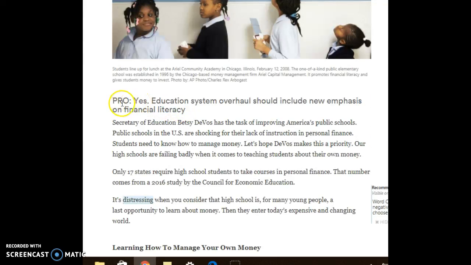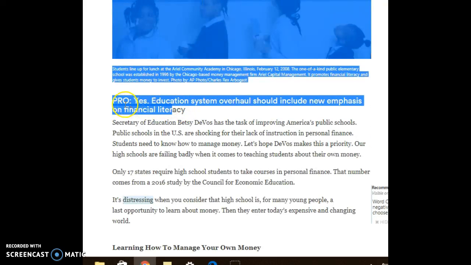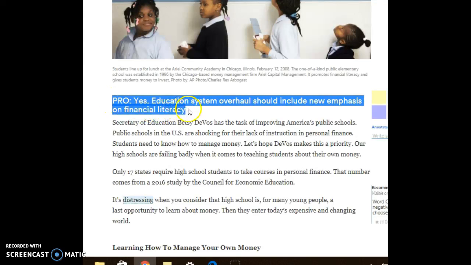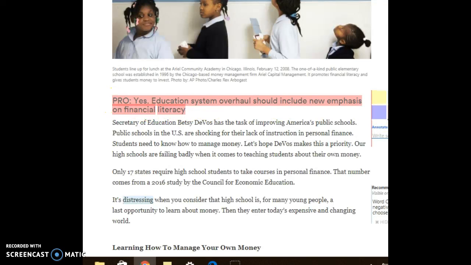So I'm going to highlight that statement in my red, or pink, I guess. That is the claim. This author believes, yes, all high schoolers should take a financial literacy or personal finance class. And we're going to read on to find out why.